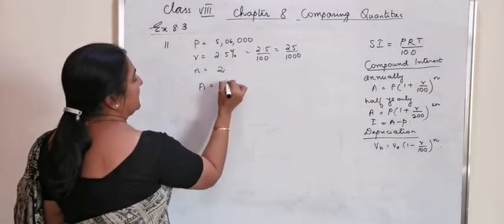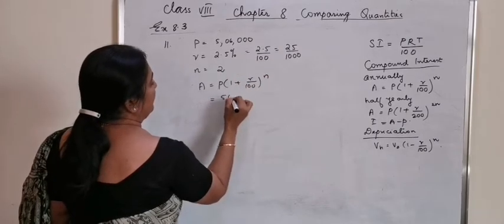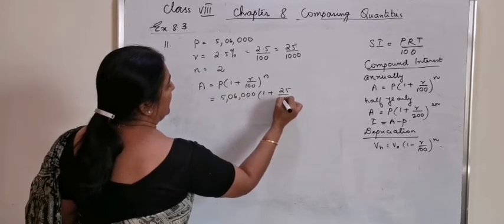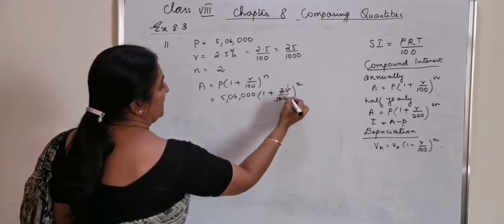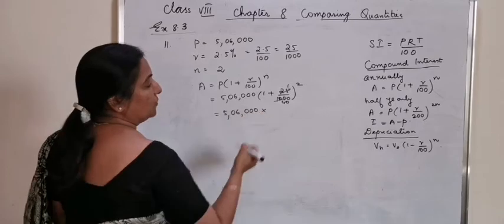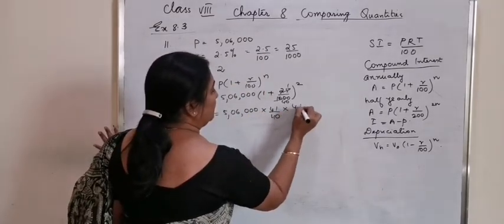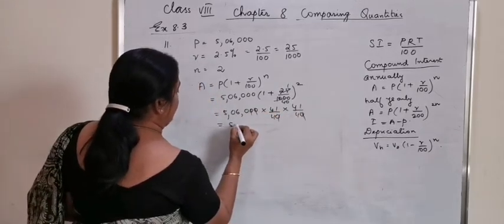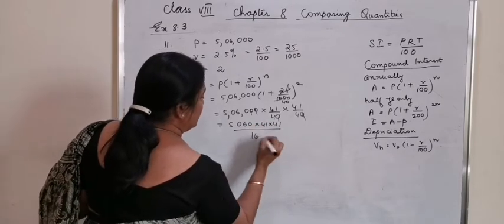Same like the compound interest formula, you can apply 5,06,000 into 1 plus 25 by 1000 to the power of 2. 25 by 1000 is 1 by 40. So 5,06,000 into 41 by 40 into 41 by 40, or it is 5,060 into 41 into 41 by 16.